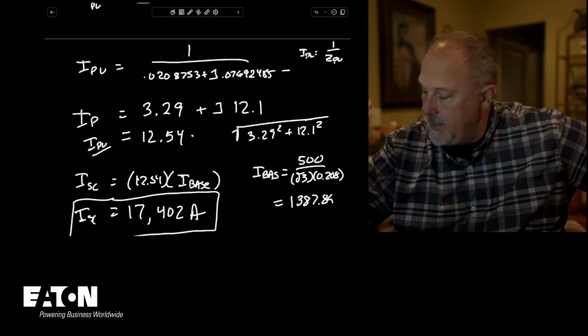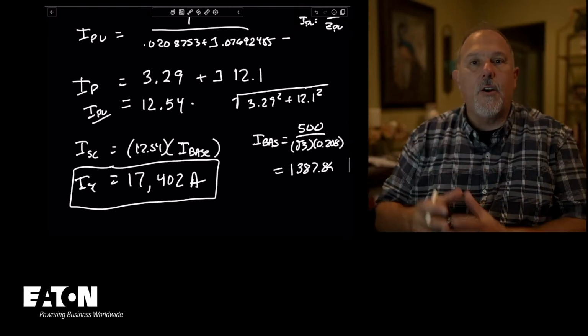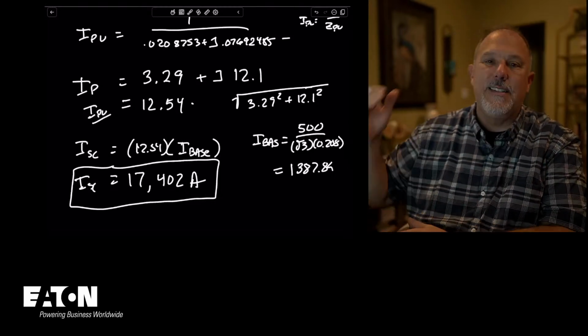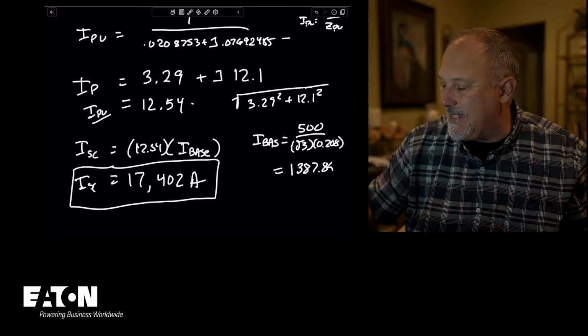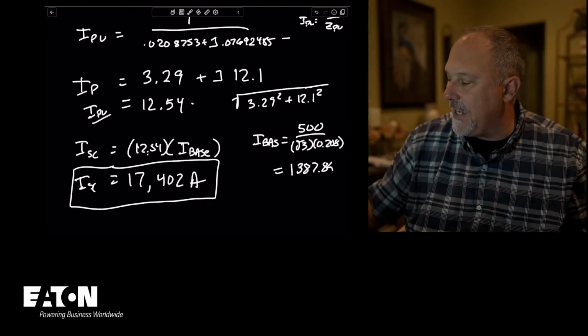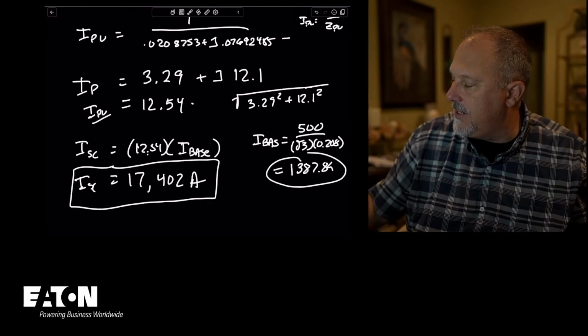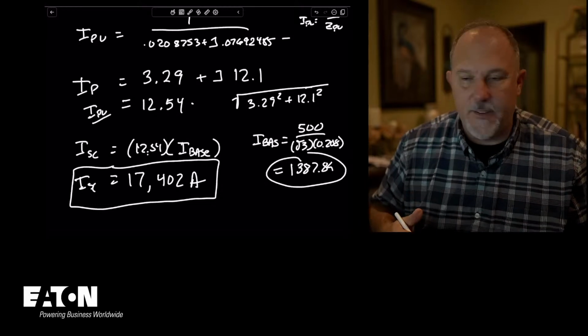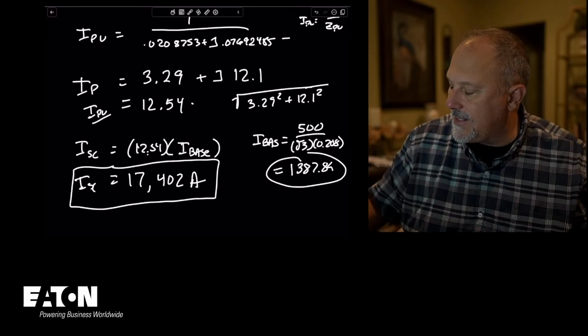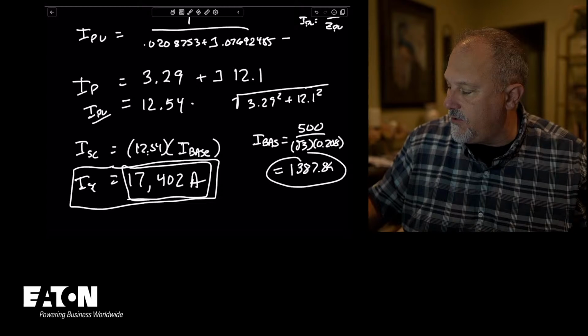And then to determine our actual short circuit current at that final point, we take 12.54 times I base, and I base is the full load amps on the secondary of the transformer, and we get 17,402.